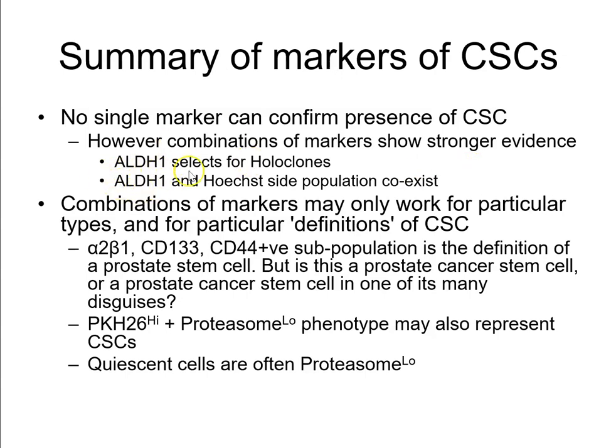We know that ALDH1 positive and Hoechst side population positive cells coexist, which is strong evidence that these are stem cell-like. We know that detecting usually 2 or 3 different stem cell related markers, so alpha 2 beta 1, CD133 and CD44, positively identifies the stem cell population in prostate tissue and in prostate cancer cell cultures.